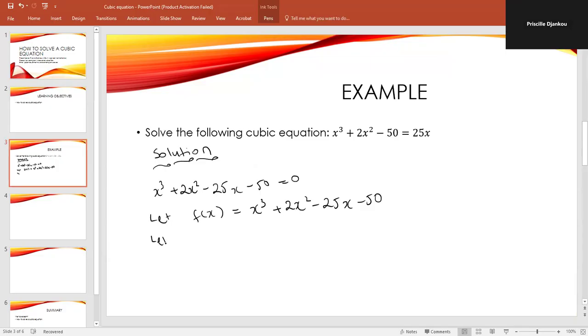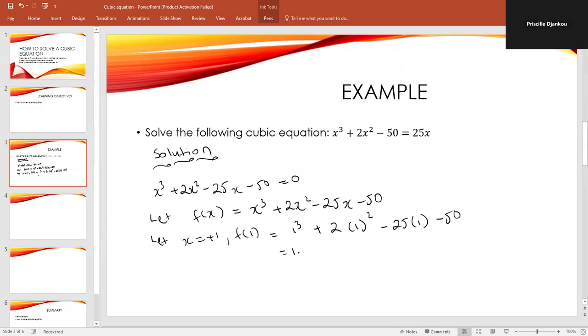So we begin the trial and error method with x equals plus 1. We substitute x equals plus 1 into our function f of x. So we're going to obtain 1 cubed plus 2 times 1 squared minus 25 times 1 minus 50.